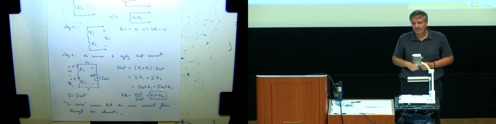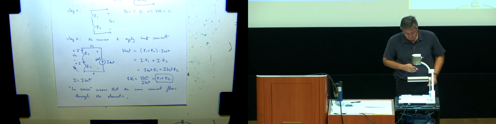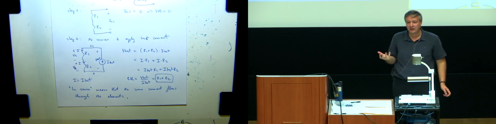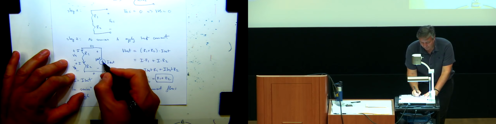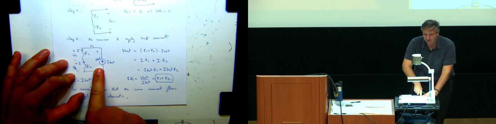Yes? Does I test not have to follow the passive sign convention? Oh, the question was, does I test not have to follow the passive sign convention? Great question. And the answer is no, because V test is not really the voltage of this element.